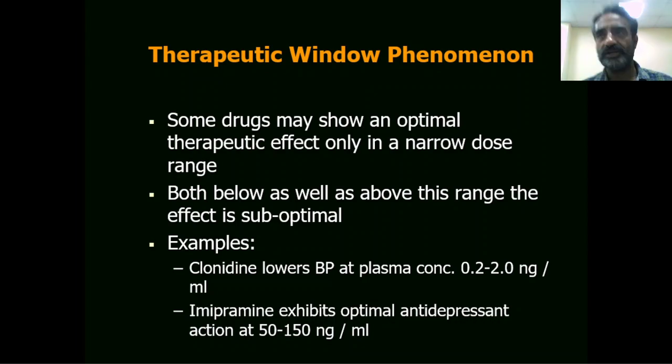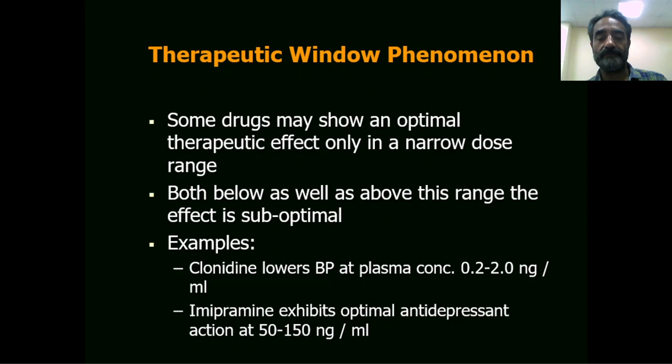There are different pharmacological reasons for that. Examples of drugs which show the therapeutic window phenomenon are clonidine, an antihypertensive drug. It lowers the blood pressure at a plasma concentration of 0.2 to 2 nanogram per ml.